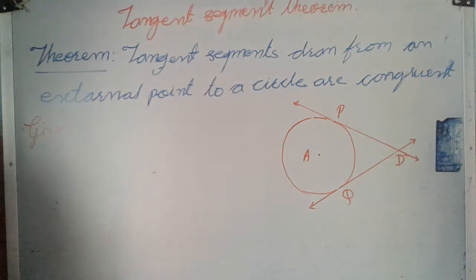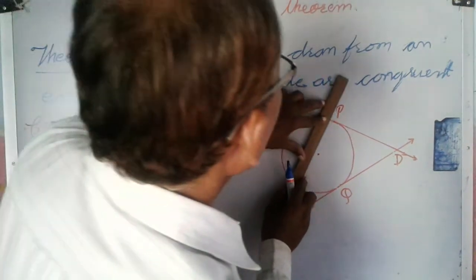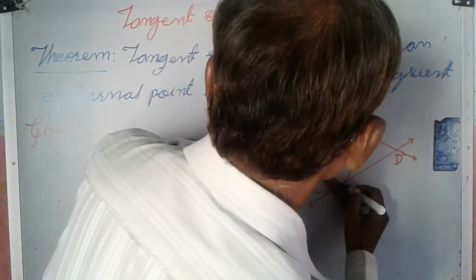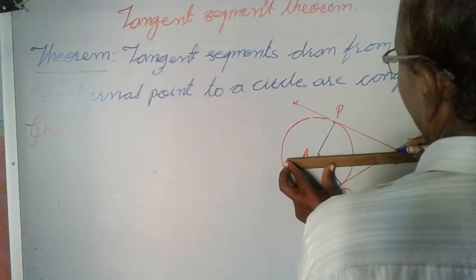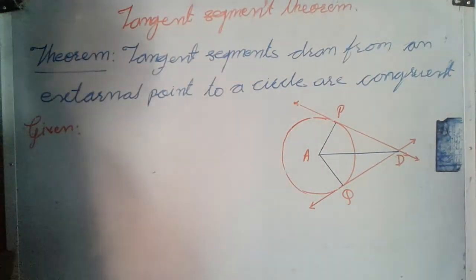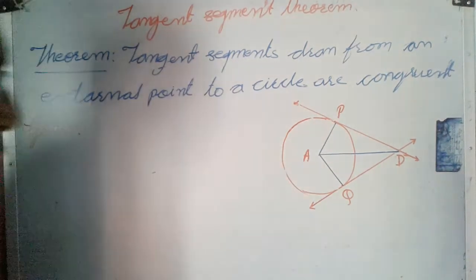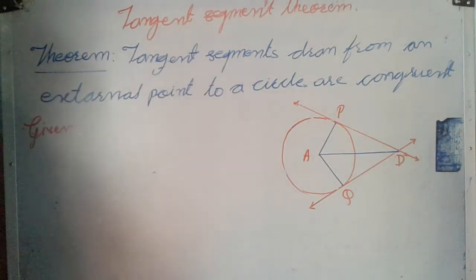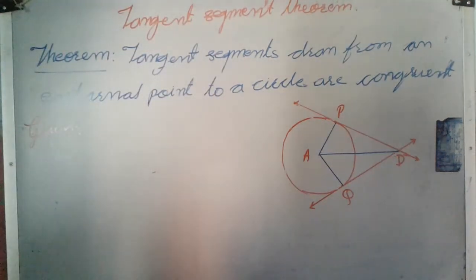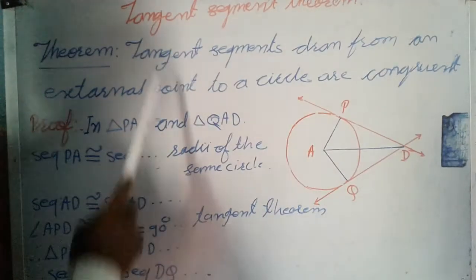For that, we have to draw the radii of the circle. Draw radius PA and radius AQ, and join AD. Now here we get two triangles, triangle APD and triangle AQD.